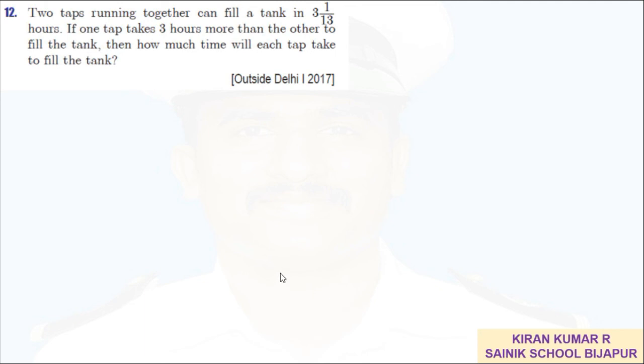2 taps running together can fill a tank in 1 by 13 hours. If one tap takes 3 hours more than the other to fill, then how much time would each tap take to fill the tank? Let me give the answer. Answer is 5 hours.